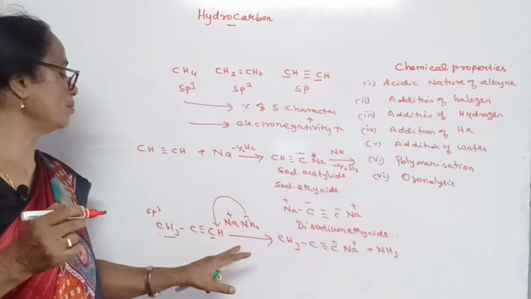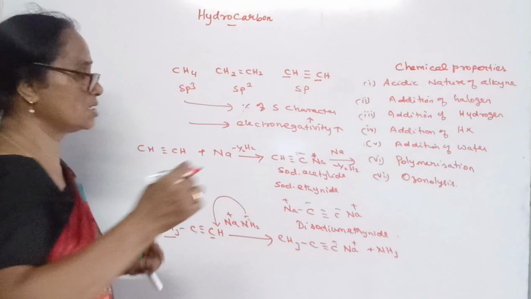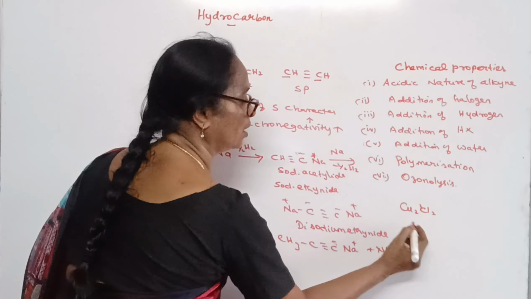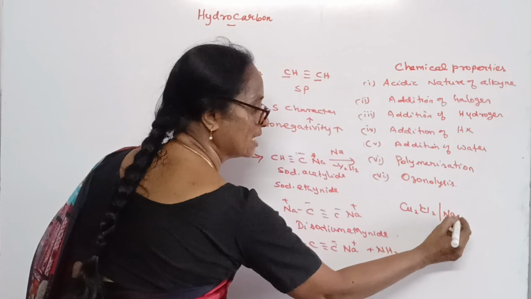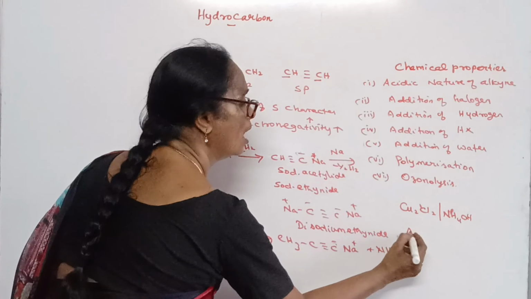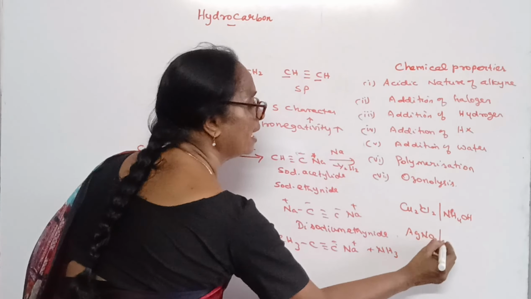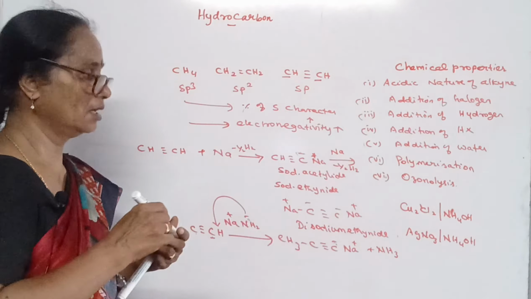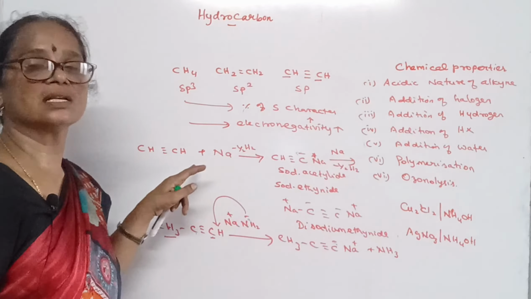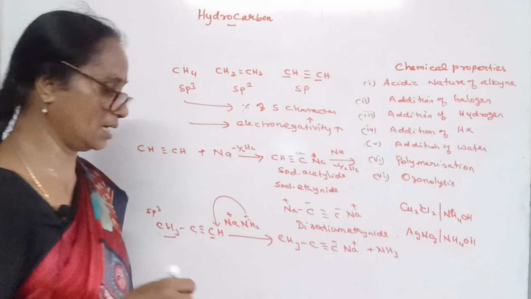Not only sodium or sodamide, salts like copper(I) chloride, Cu2Cl2, present in ammonium hydroxide solution, or silver nitrate in ammonia, these mixtures could also replace the acidic proton from alkyne.